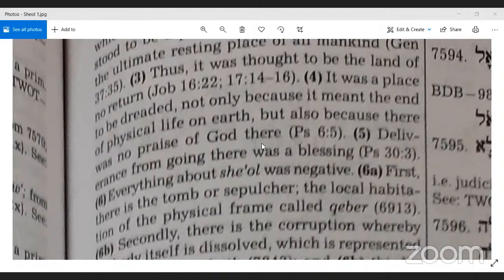So our consciousness will not give the Most High praise anymore. That's according to them, what they're saying.